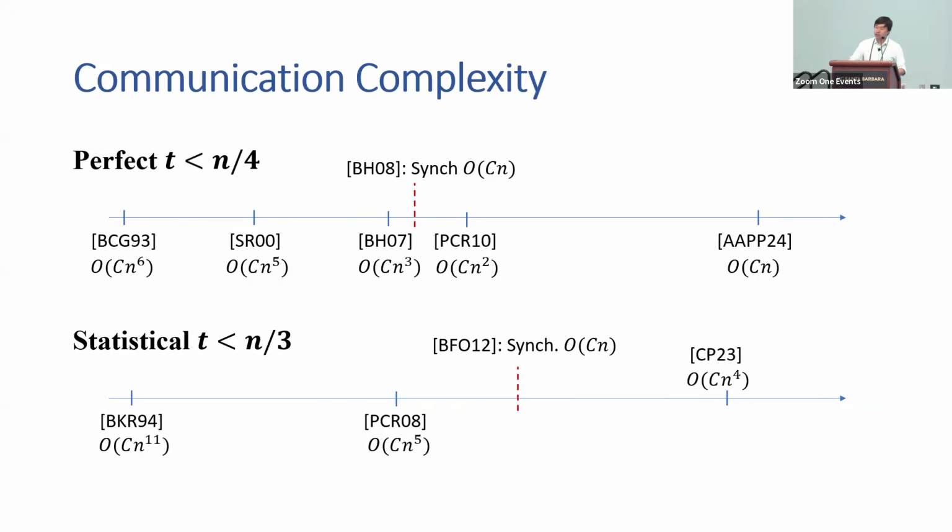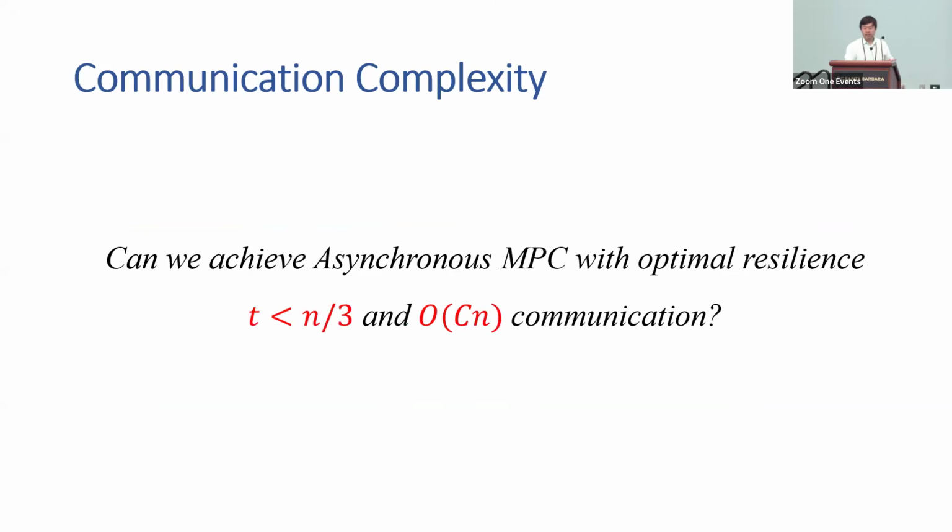If we compare it to the synchronous setting, we already knew solutions with linear communication since more than a decade ago, due to the works of Beerliová-Trubíniová and Hirt, and Ben-Sasson, Fitzi, and Ostrovsky. And therefore, the question is apparent. Essentially, if we focus on the statistical security setting with optimal resilience, can we achieve linear communication, right? And this is the question that we are going to answer in this talk.